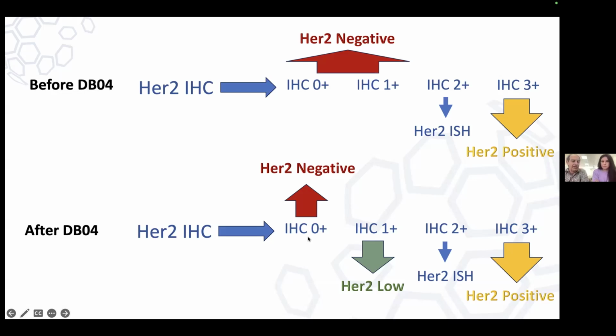And so the concordance rate for some of these cases, we were still very good at identifying the HER2 positive. We were still very good at identifying the HER2 negative. But when we wanted HER2 low, the concordance rate went down to about 60% in some studies, a little bit below in other studies. So clearly there was a problem.